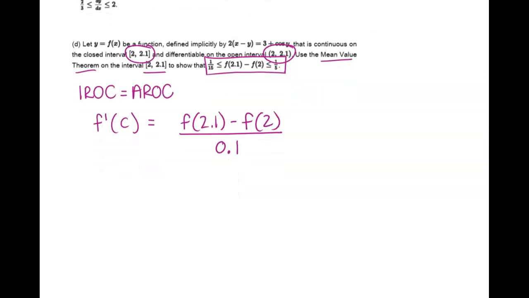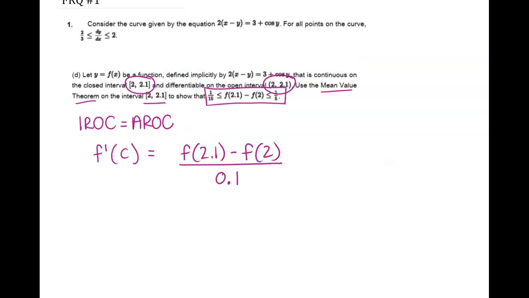Okay, so let's see what else we know. Oh good, conveniently we have some information up here. Oops, meant to highlight, not scribble it out. 2/3 is less than or equal to dy dx is less than or equal to 2. Let's use that. So if we know that the derivative is equal to this, we can replace this inequality up here.